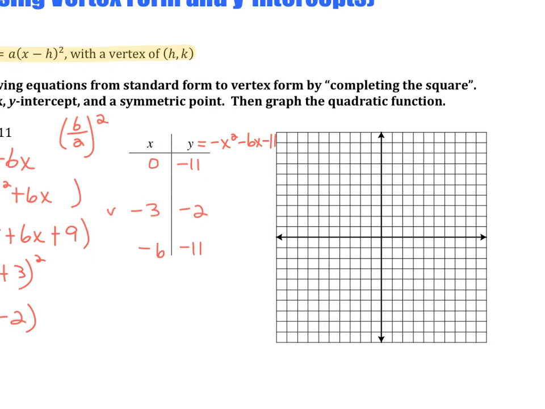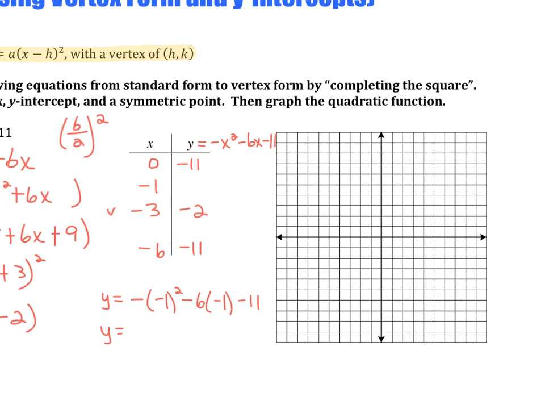Now, when I graph quadratics, I usually ask my students to graph 5 points. I think we have more precision that way. So why don't we pick some values in between, here. For instance, if I pick -1 and plug it in, and sometimes I'll remind students, you need to be able to do this without a calculator. So y would be equal to negative, and then I've got (-1) squared for my x value, -6 times -1, minus 11.